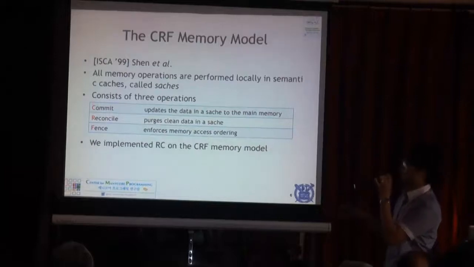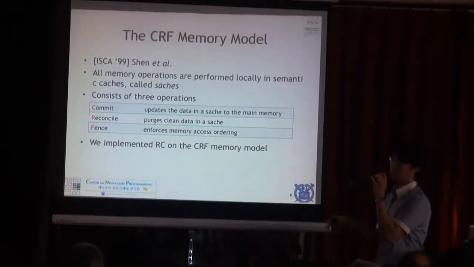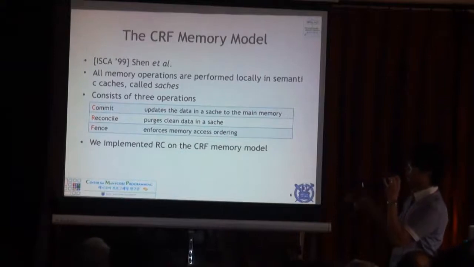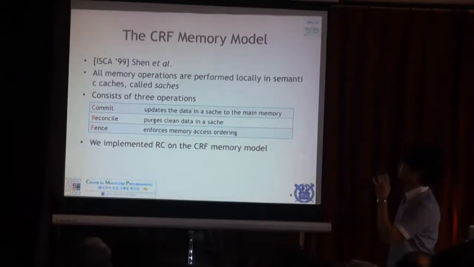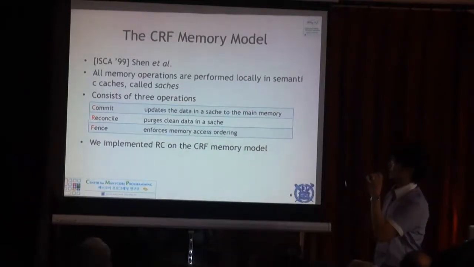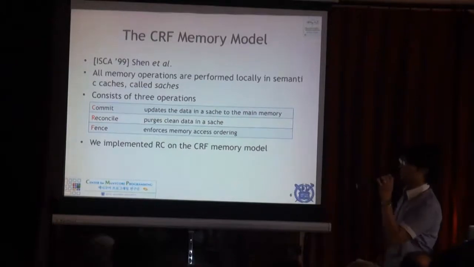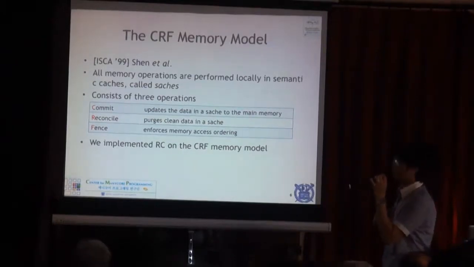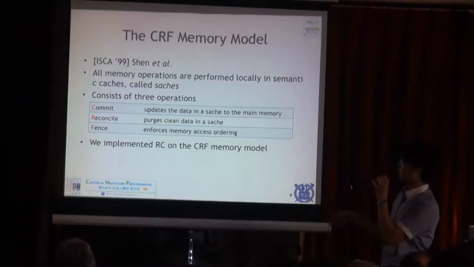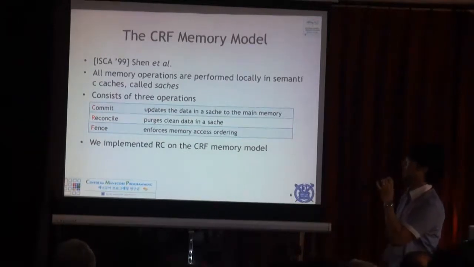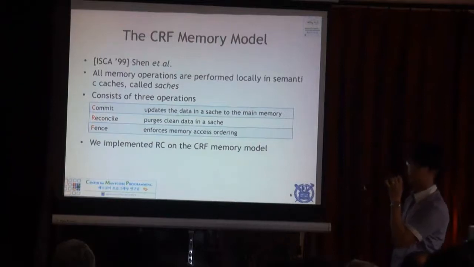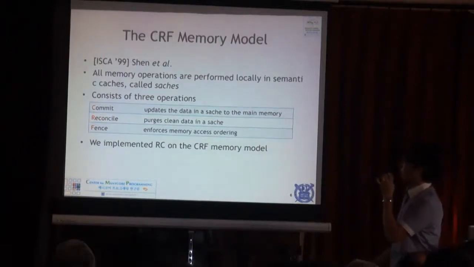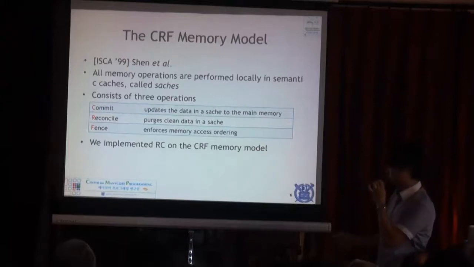A normal store operation just updates the local cache, not the main memory, so we need a commit operation to update the global data. A reconcile operation purges clean data in a cache. In order to read the last updated value, we need to reconcile the cache first. And the fence operation enforces memory access order. We implemented release consistency on the CRF memory model.